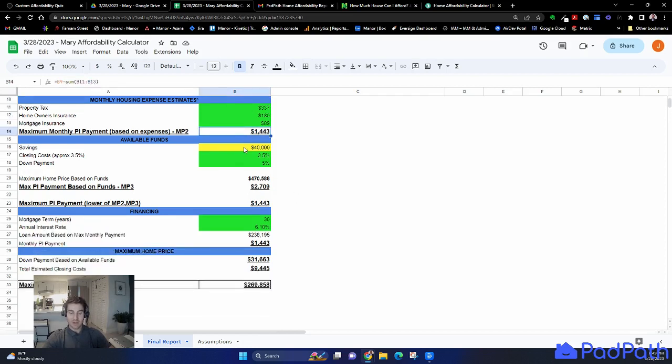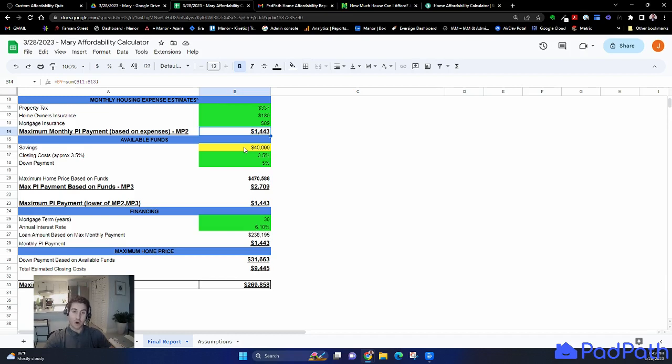Now, one other key factor to take into consideration when calculating affordability for a home buyer is how much savings they have. This is critical because you can have a home buyer that makes over $150,000 a year, but if they only have a couple thousand dollars in savings, they really can't afford to buy a home.